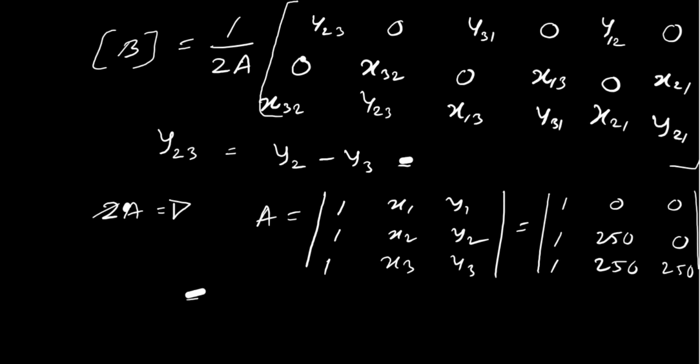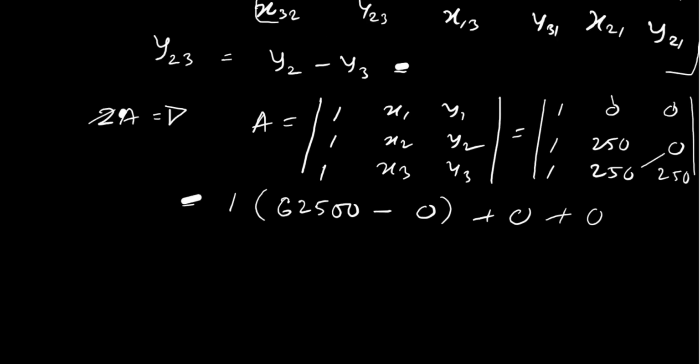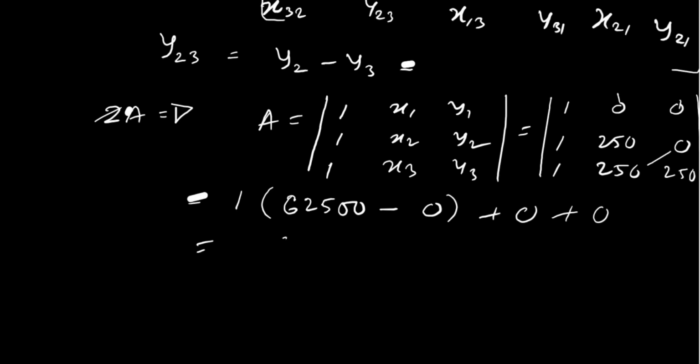So 1 in the bracket 250 into 250, it is 62,500, minus 250 into 0, it will be 0. So both will get 0 here. So it is 625 into 10 power of 2 millimeter square, area will be in millimeter square. So finally 2A is equal to this answer.